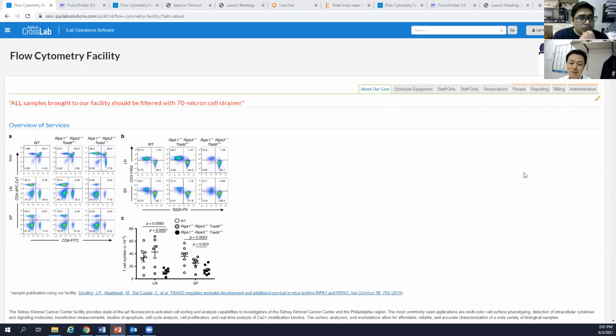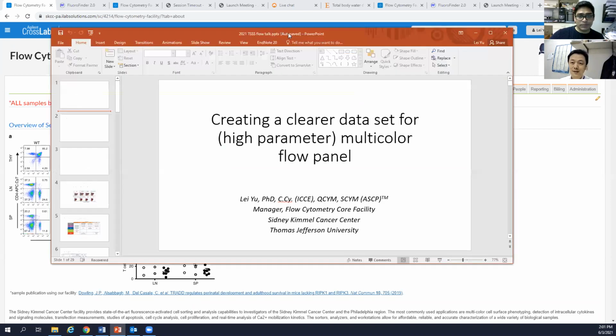So I hope my seminar will benefit all levels of users. If you are fresh, you can learn some terms and prepare yourself for future panel design. If you are already very familiar, you can still learn some lessons from previous users about how we can improve our data settings. So that's my plan for today.